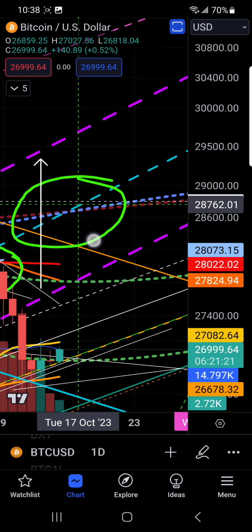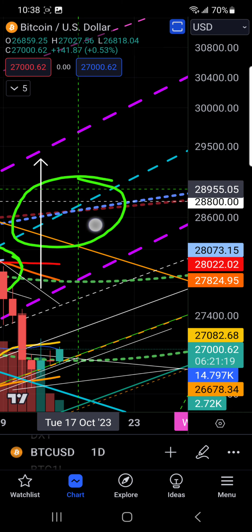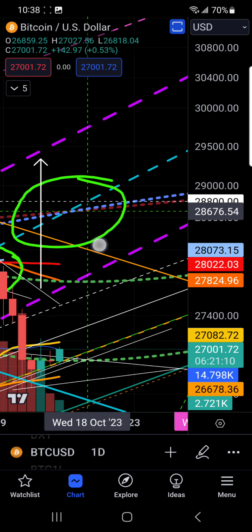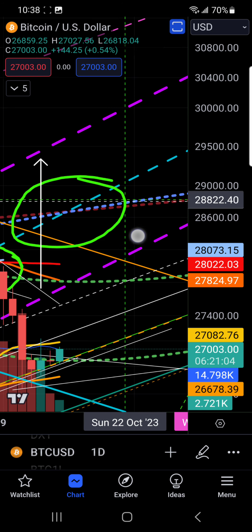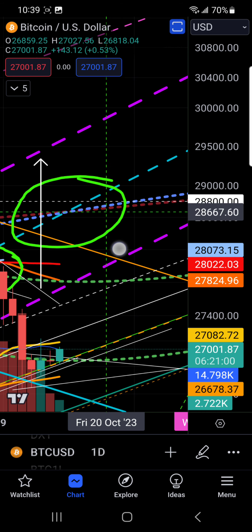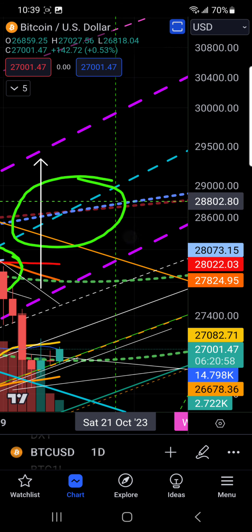Monday or Tuesday, possibly, and a rejection off of that at around 28.8. I'd look for a rejection off of here because the 28.8 is also coming, and that might not happen till later on in the week when these all move together. I forgot about that one.